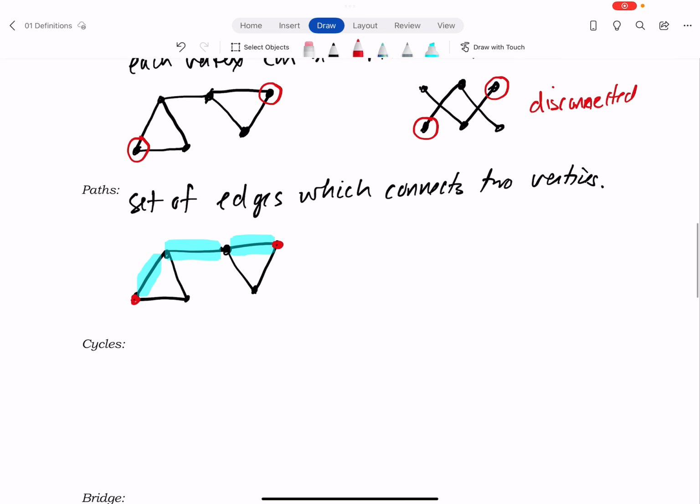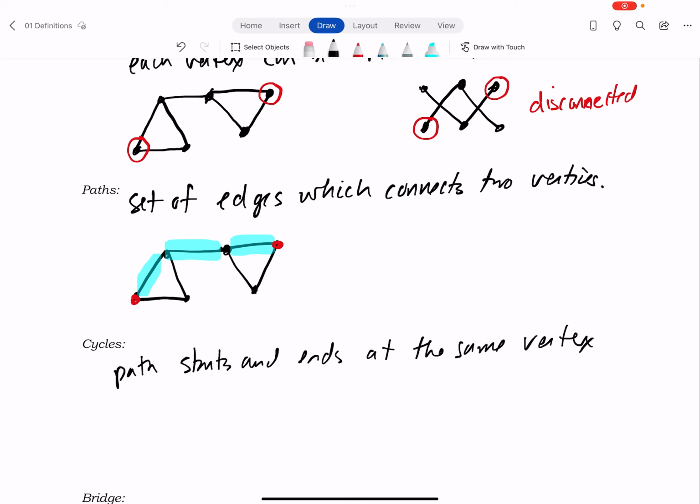A cycle is a path that starts and ends at the same vertex. So in this graph, this triangle here would be considered a cycle.